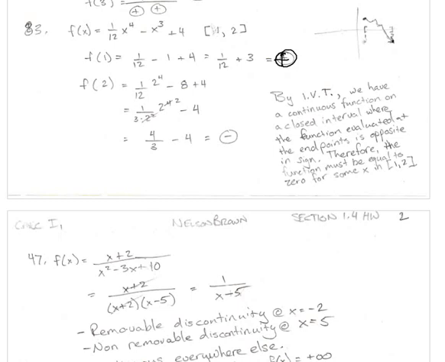At f of 2, we get 1/12 times 2 to the fourth minus 8 plus 4. The minus 8 and plus 4 become minus 4. 12 is the same thing as 3 times 4, and 4 is 2 squared, so we can cancel out 2 exponents up here, right?